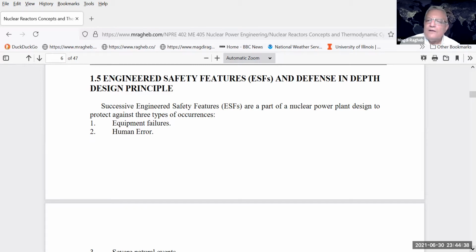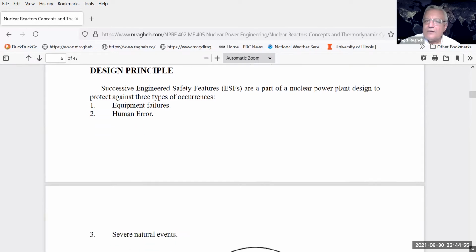So to be able to achieve this, we equip our designs of nuclear power plants with what we call engineered safety features, which provide us protection against two sources of failure in the operation of nuclear power plants.